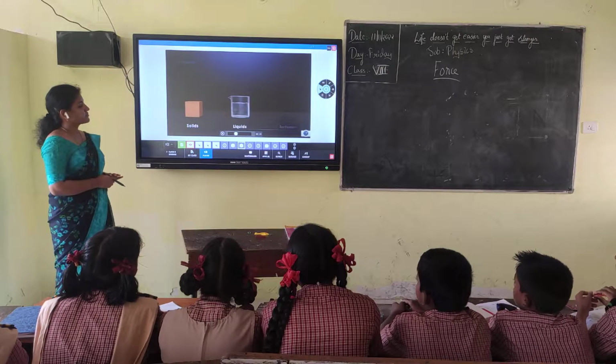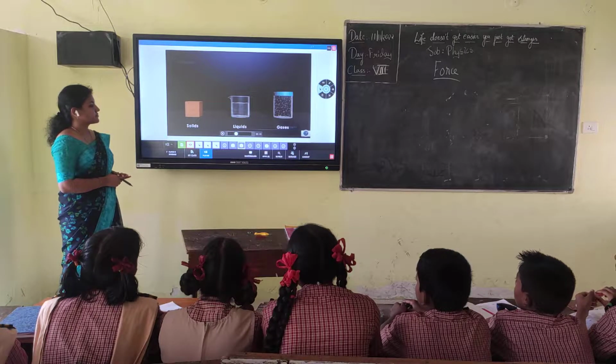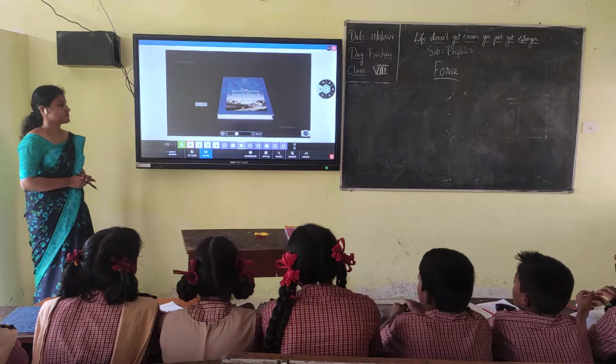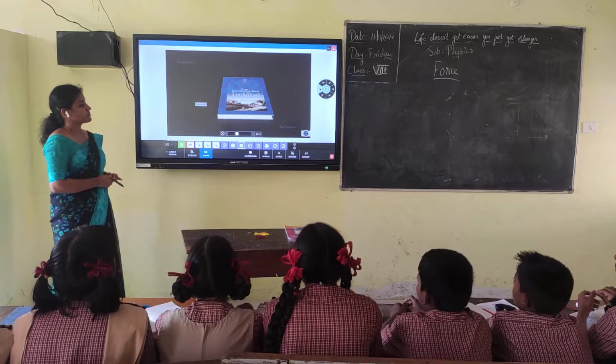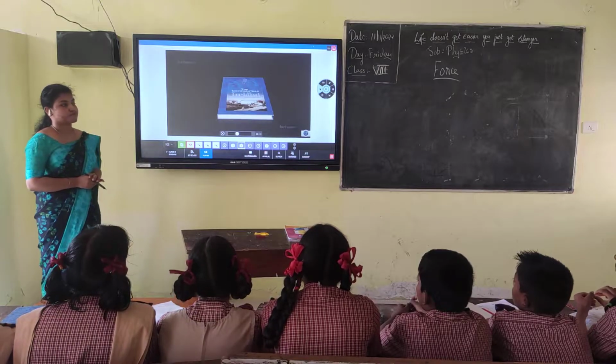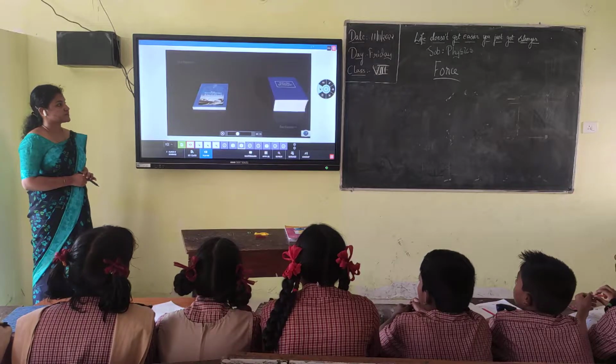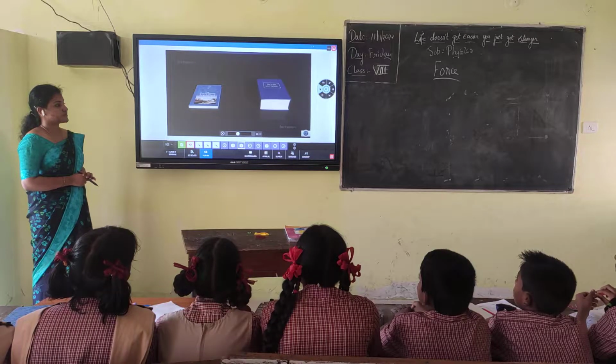Solids, liquids and gases are all capable of exerting pressure. Solids such as our book on the table will exert pressure only in a downward direction because of the weight. Heavier solids such as a much larger book will exert more pressure.